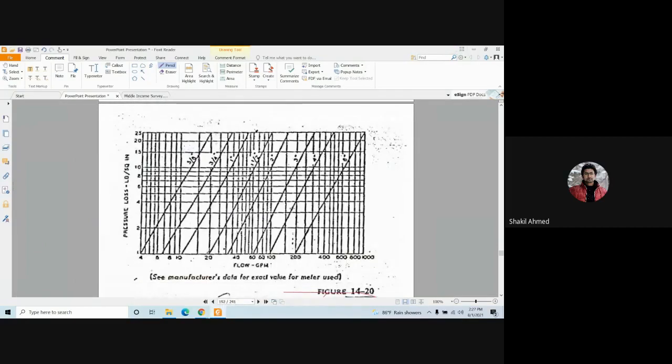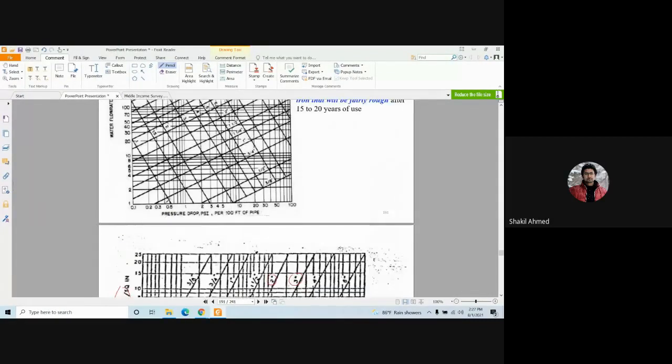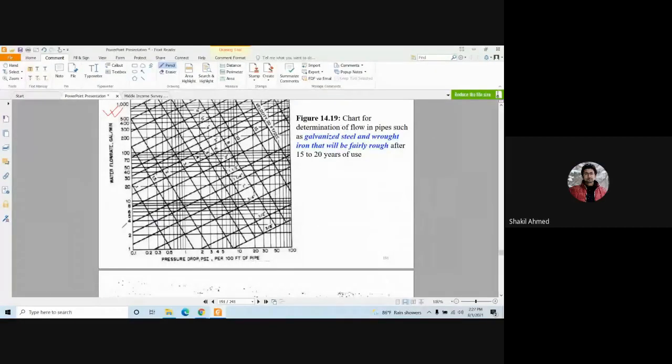If you know the discharge flow and the pipe size, then from here you can calculate the pressure loss. Clear? Now, look at another figure. This also gives you the pressure drop in psi per 100 feet of pipe.